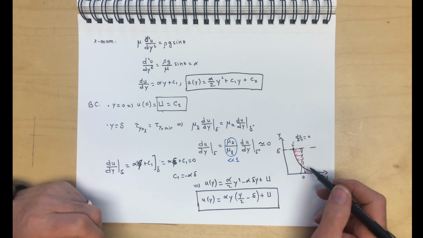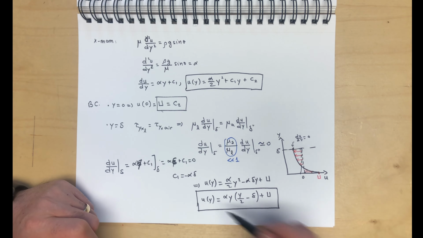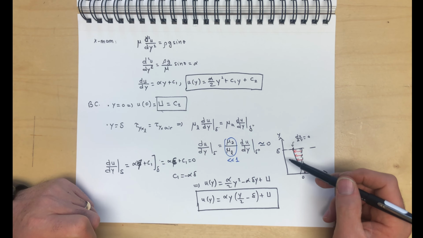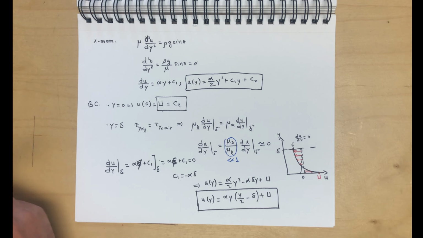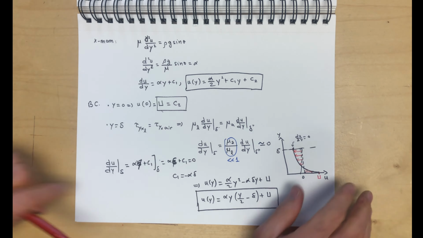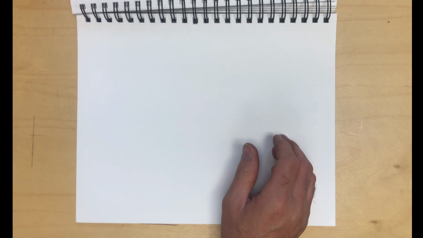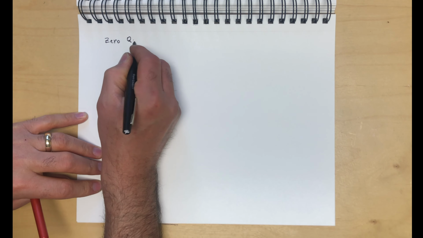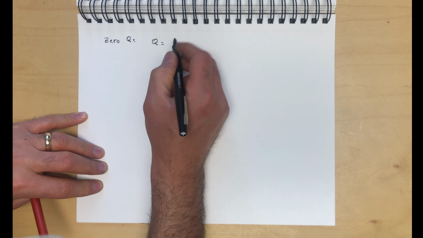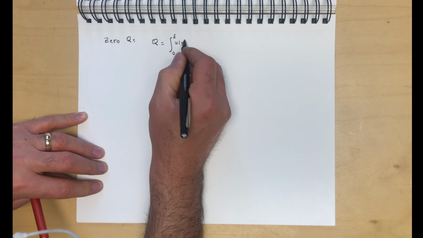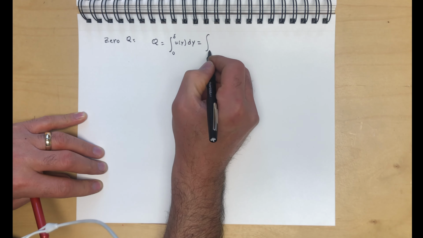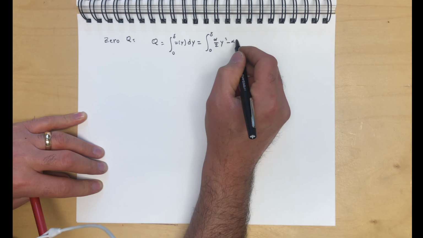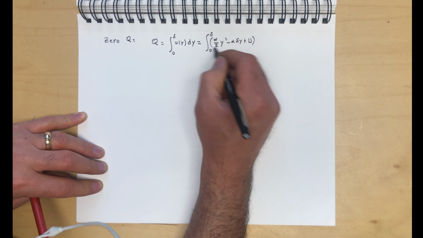Now there's a condition on alpha or thickness delta for which the flow going up is equal to the flow going down, so the net flow is equal to 0. This is easily calculated. So when is the flow rate 0? Q is the integral from 0 to delta of u(y) dy, equal to the integral from 0 to delta of alpha over 2 y squared minus alpha delta y plus U dy.